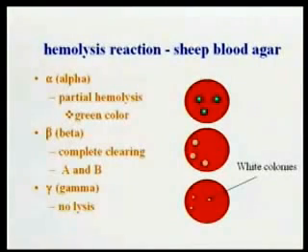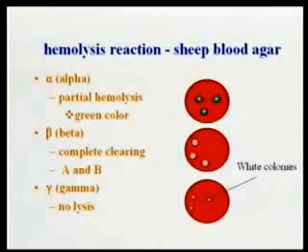Now, hemolysis, regardless of what scheme you use, is very important, because you're always going to grow the group A streptococcus or any other streptococcus on a sheep blood agar plate. And so you're not going to ignore what happens on that plate, even if you do group the antigens afterwards.